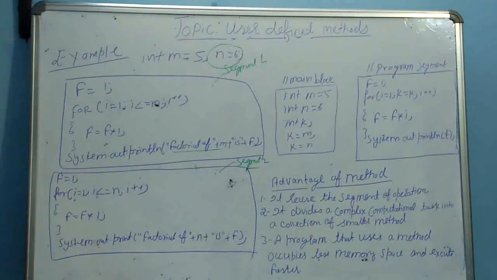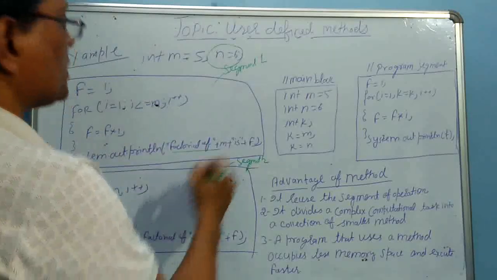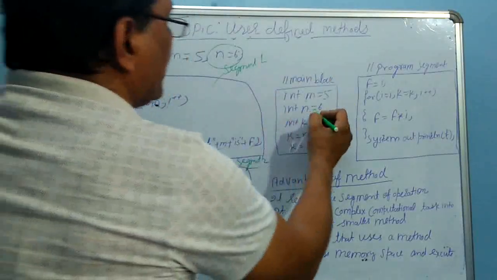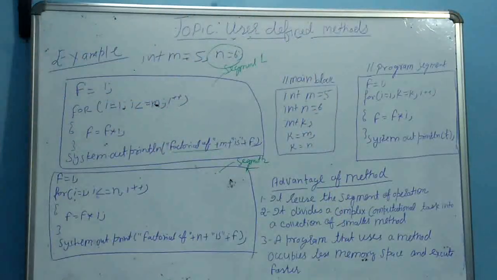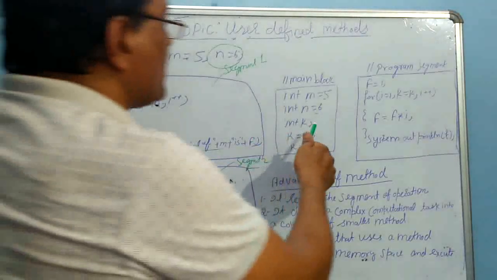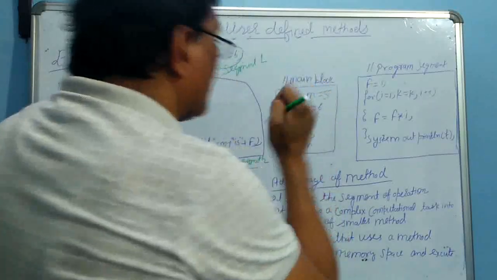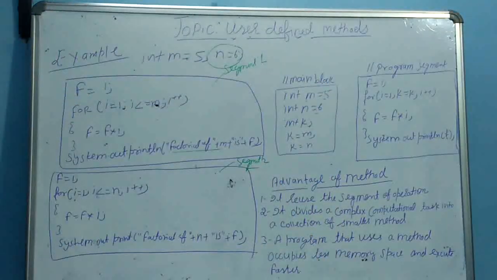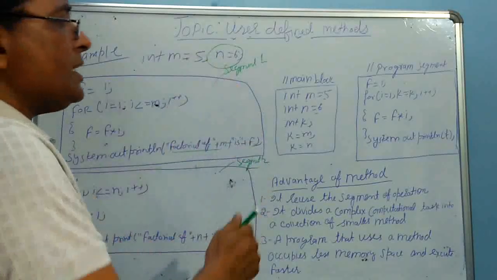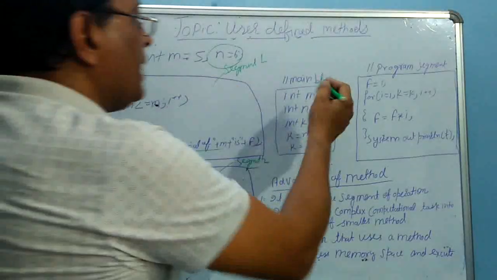How will it work? You are seeing in both questions the value of m is 5, n is 6. Clear? Now we are taking one common integer variable k. So what happened? The initial value of m is 5.